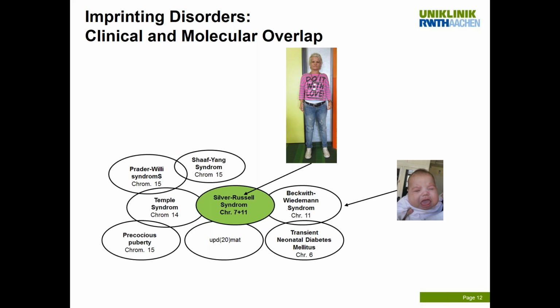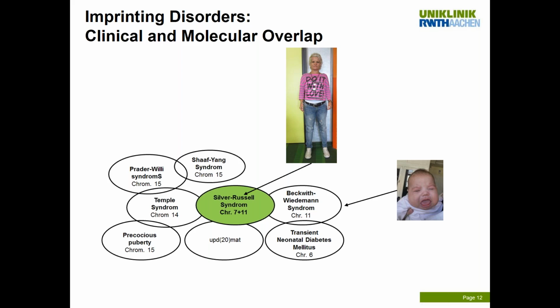Then we looked at her pictures from childhood, and we decided, well, this is a typical child with Silver-Russell syndrome. As an adult, this phenotype is not that obvious, but on the basis of the pictures from her childhood, we decided we should test for Silver-Russell syndrome. In fact, we could confirm that clinical diagnosis by molecular testing.